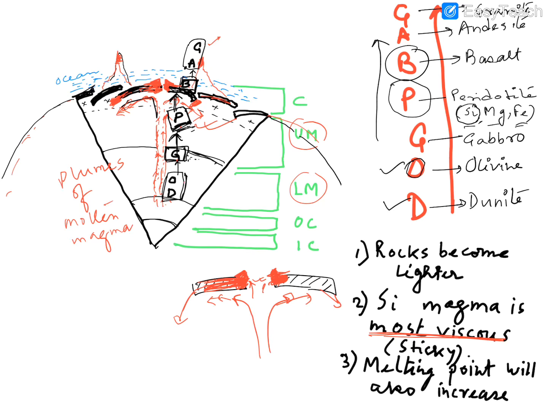See one thing. Now the basaltic crust, the earlier thinner crust, the primitive crust, they got melted, and they have been replaced by this red color basaltic crust because of Bowen series. And when this basaltic crust will also melt, it will give rise to granitic crust. So this is the story.